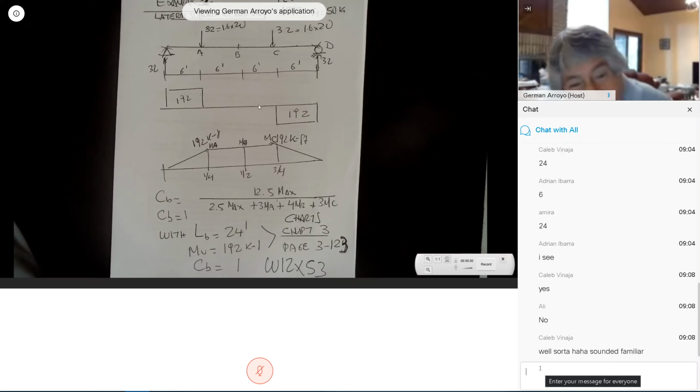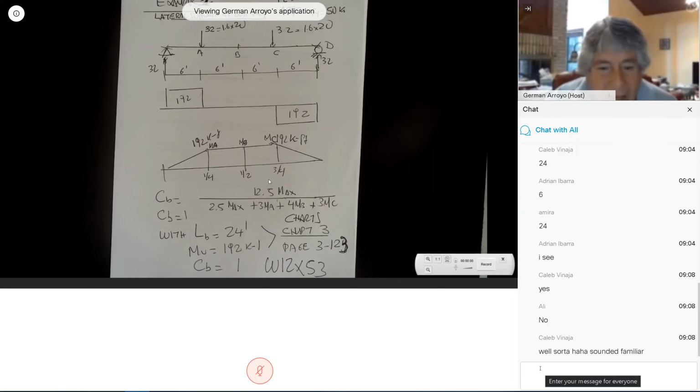So, look, no shear, pure bending. We are fortunate here because it's 6, 6, 6, 6. The unbraced length is 24. 1/4 is 6, 1/2 is 12, 3/4 is 18. So look, MA, MB, MC are the same.